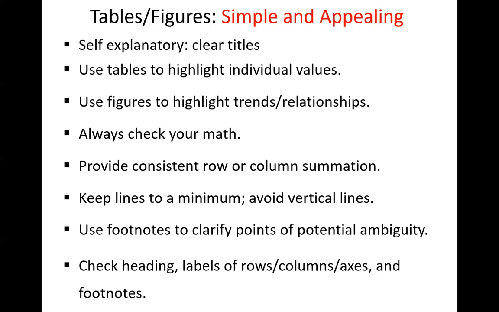And please do check your math. Sometimes the reviewer would look at your tables and find that they don't add up to 100, or they don't add up to the sample size that you have put. So please always check your math and be consistent in terms of row and column summation.